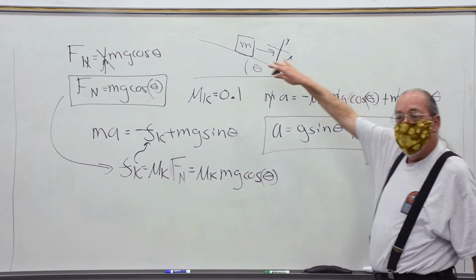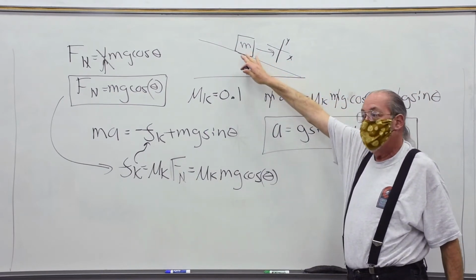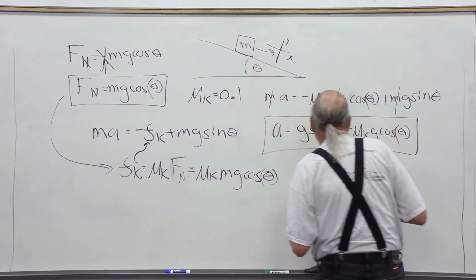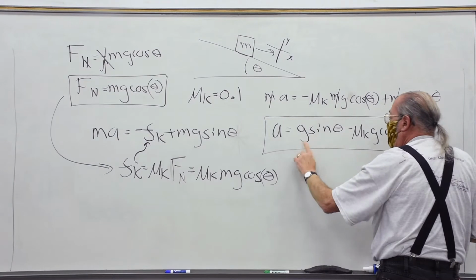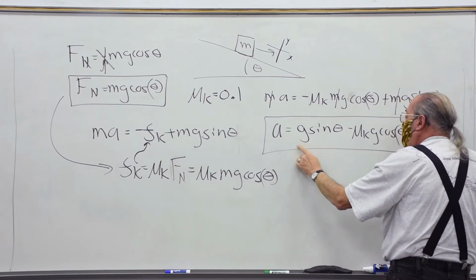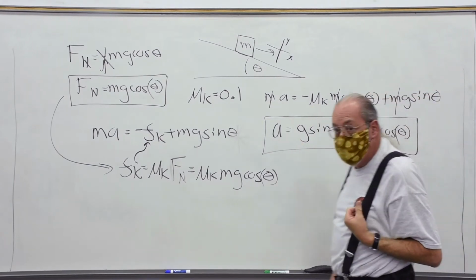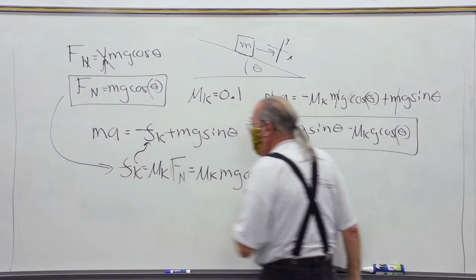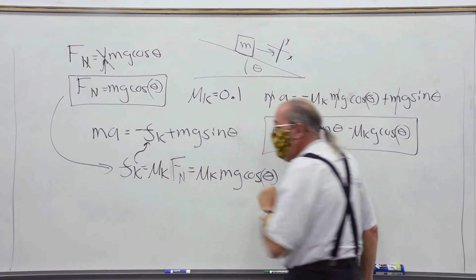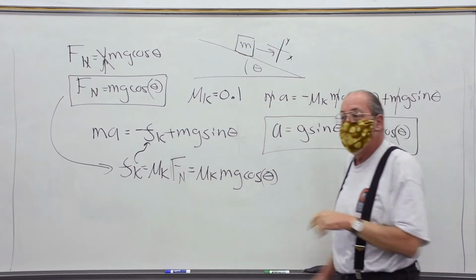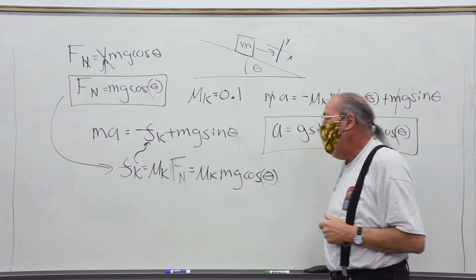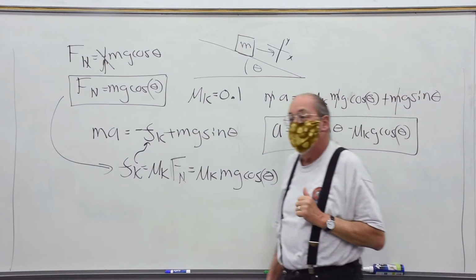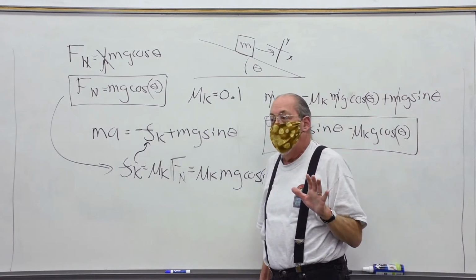And there is the answer for the acceleration of the skier. It does not depend on how heavy the skier is. What essentially happens is, if we have a bigger skier, the component of gravity down the incline increases, the normal force increases, the frictional force increases, and it is such that the m cancels out and the acceleration is independent of the mass of the object, which is amazing.